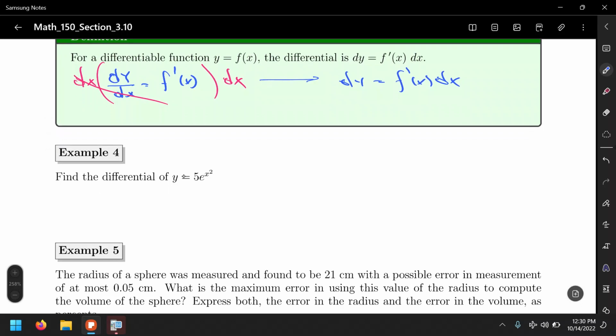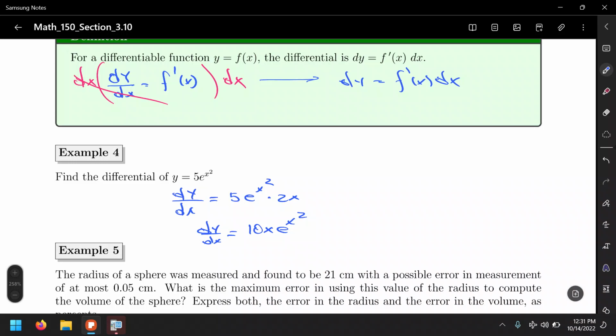So the derivative dy dx equals 5e to the x squared times the derivative of x squared, which is 2x. And simplifying this is 10x e to the x squared. Now, we don't want just the derivative, we want the differential, so all we have to do is multiply both sides by dx.